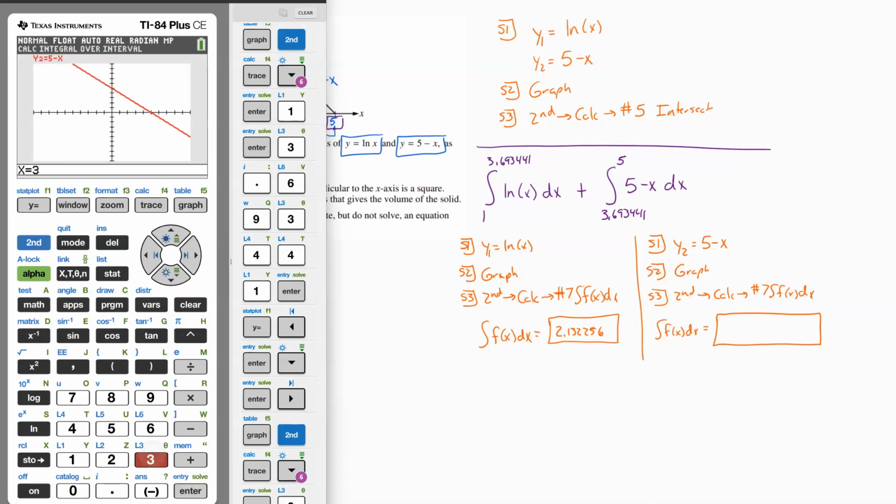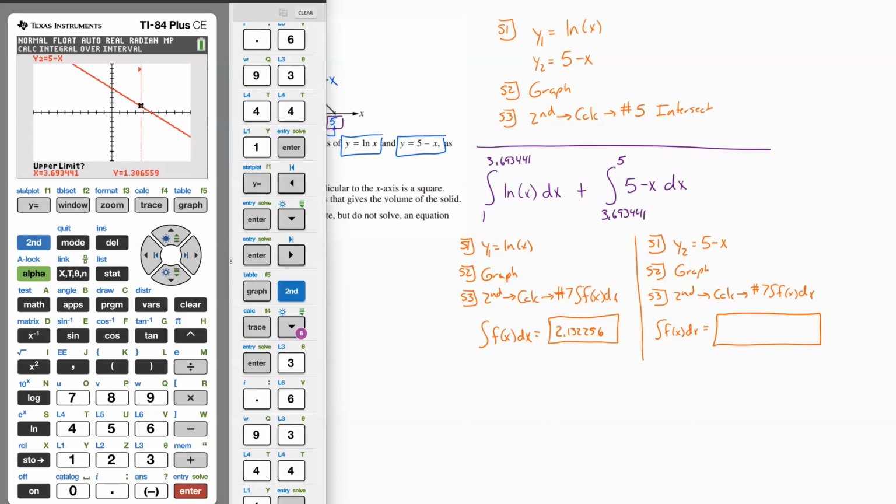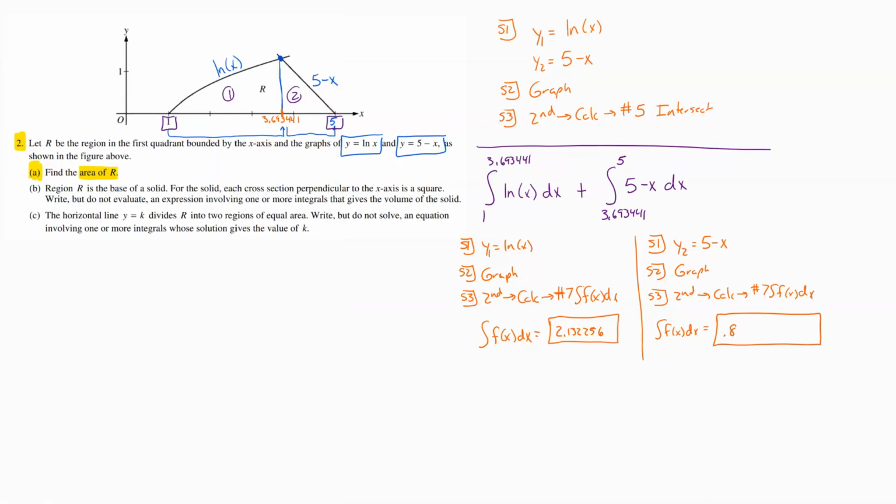The lower limit this time was that intersect that we found, 3.693441. The upper limit is 5. We hit enter, and at the bottom of the screen we get the integral of f of x dx equals 0.853548. And now we're just going to add those two values together to get our final answer right here.